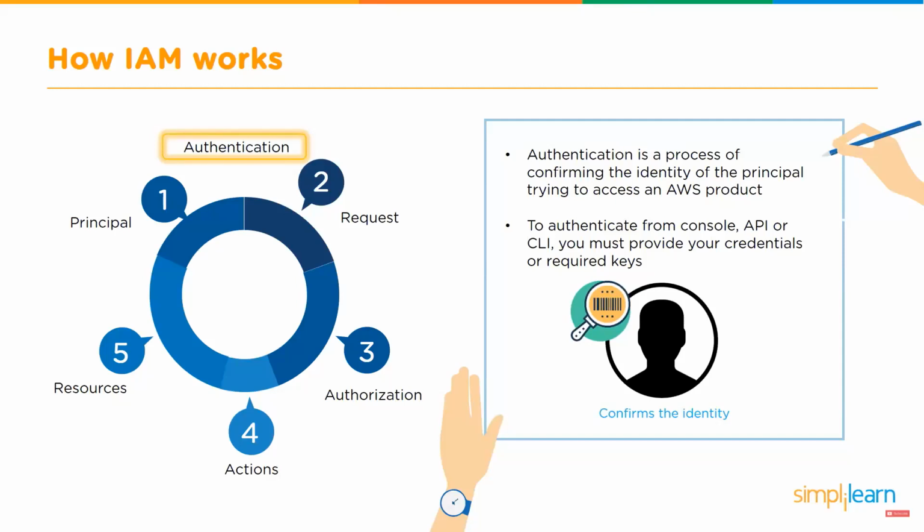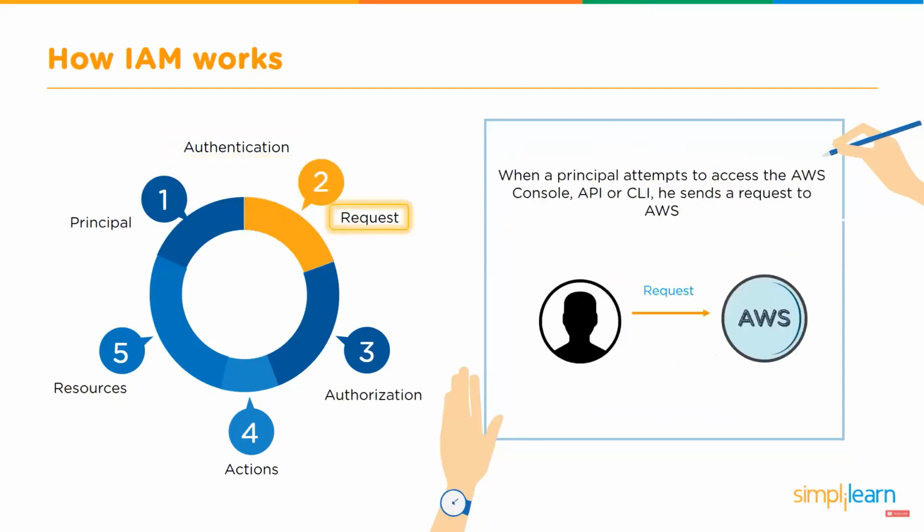The other component that makes up IAM is request. When a principal tries to use the AWS Management Console, what the principal is doing is sending a request to the AWS environment. The request will have the action the principal actually wants to perform. Is it a put request, a get request, or a delete request, stuff like that. It's also going to carry information about on which resource the action needs to be done.